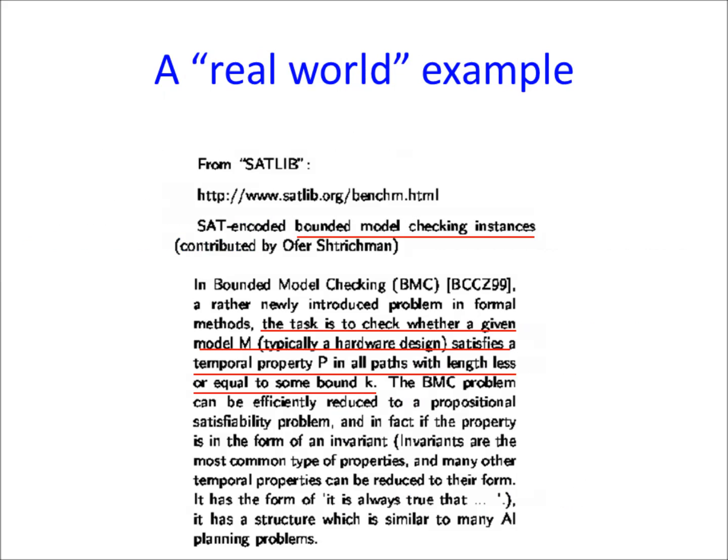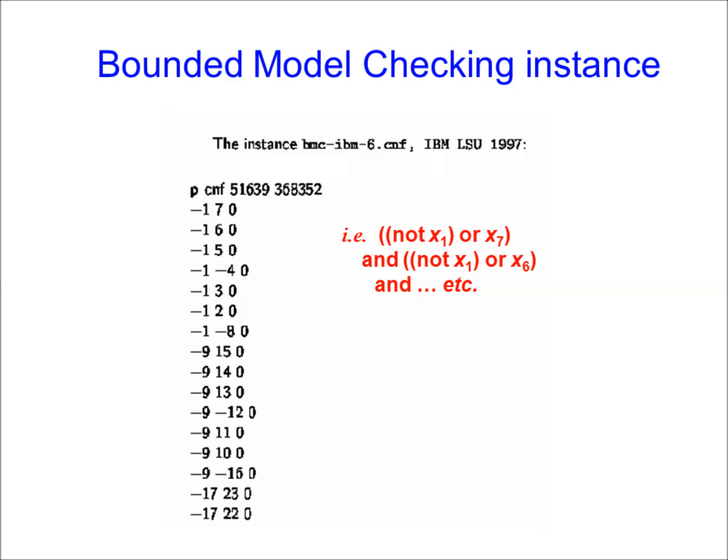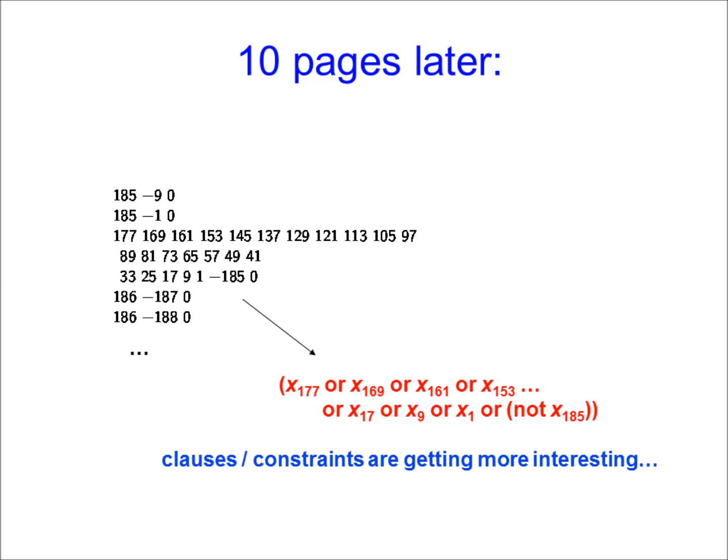So here is an example of a formula that we are able to solve. Okay. So here this is the syntax. Not x1 or x7. Not x1 or x6. Not x17 or x22. Not x177 or x169 or x161, and so on up to or not x185.